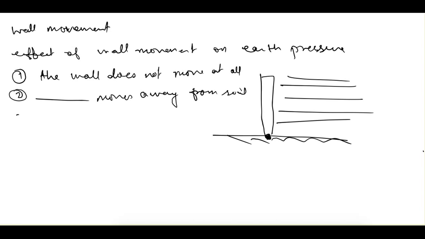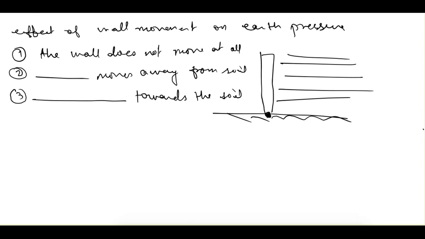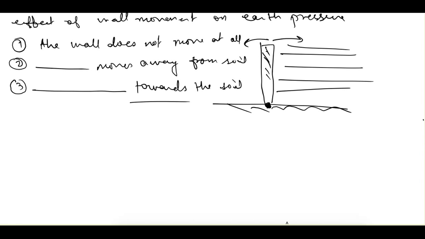And third case can be the wall moves towards the soil. So we'll see when does it happen. So there are three cases. This wall can be stationary and in its position. It can rotate like this, that is moving away, or it can rotate in this direction, that is moving towards. So there are three cases and there will be three earth pressure coefficients.